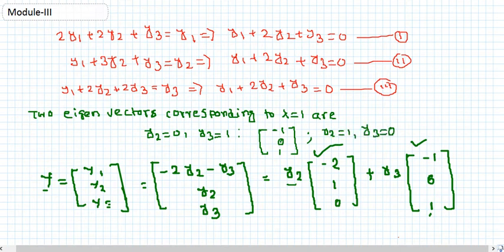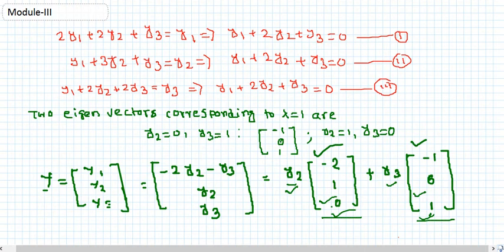You may ask why I take these two as eigenvectors. You can see that all the solutions are linear combinations of this vector and this vector, because here we have a scalar times a vector plus a scalar times a vector. So all eigenvectors y can be written as a combination of these two vectors.